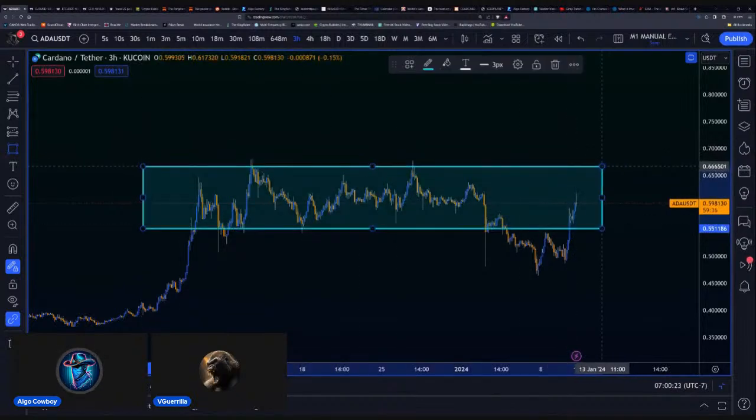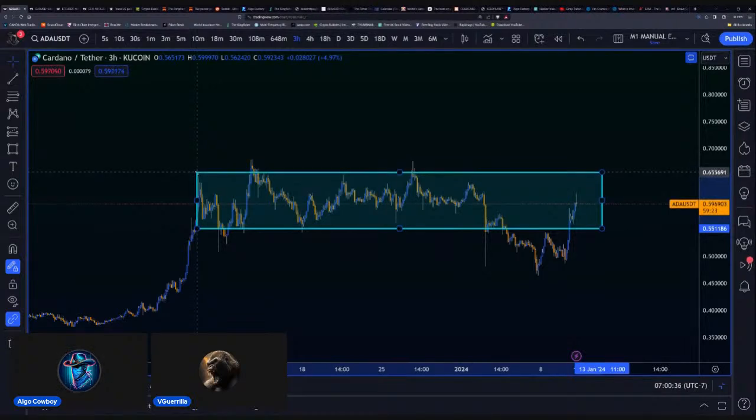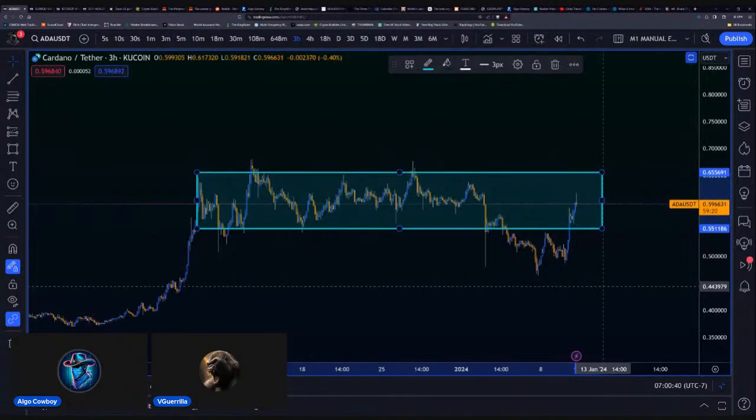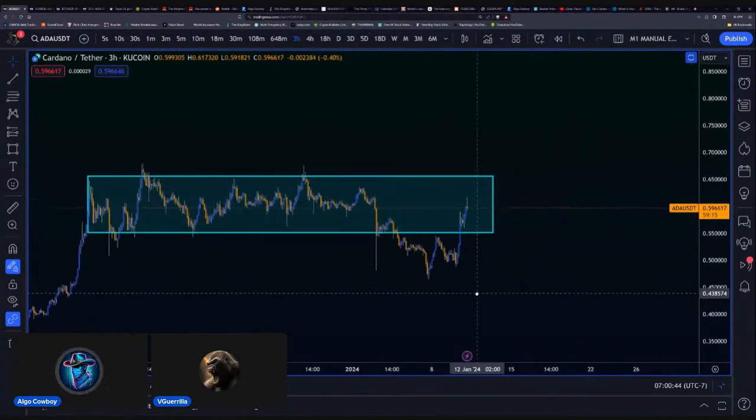ADA was in a month-long consolidation, very correlative with Bitcoin. I'm going to say that looks like the range to me. And it deviated below the range, I imagine, because of Bitcoin. Definitely this long spike down because of Bitcoin. It is now back in this range.